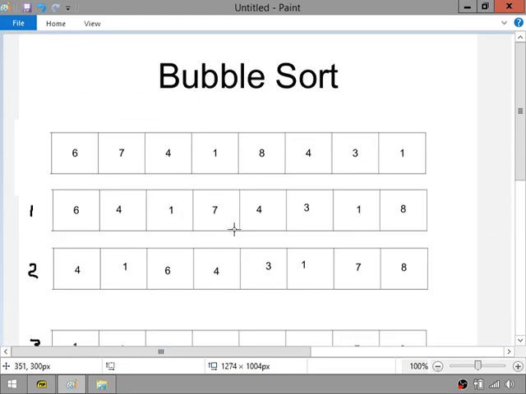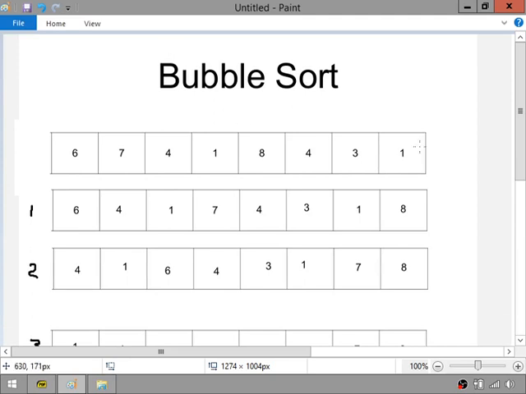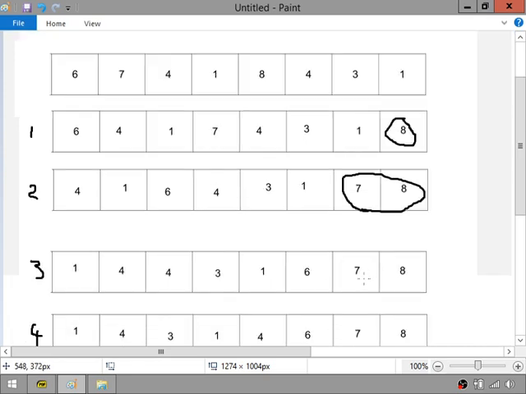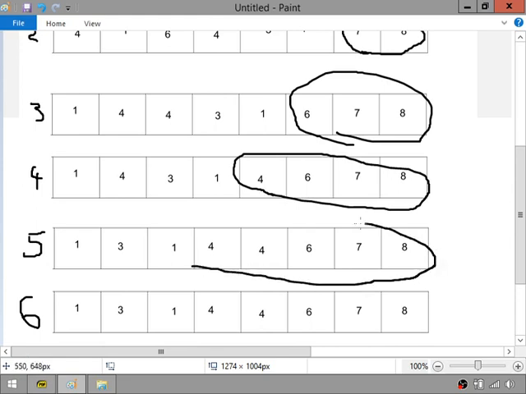And you'll notice a pattern occurring here. With this first attempt, the biggest number is on the right. With our second attempt, the two biggest numbers are now on the right, and so on. And that just keeps on growing as we get along.